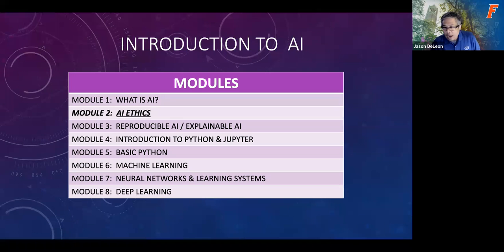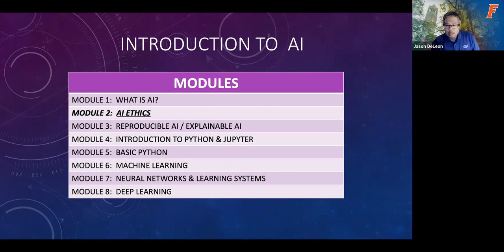Next, we go into AI ethics in Module 2. We seek to promote and discuss an ethical approach to AI. It's important to not only be aware of the ethical issues and challenges in AI, but that we must be informed and guided by principles of ethics and ethical frameworks, both as producers and consumers of AI.